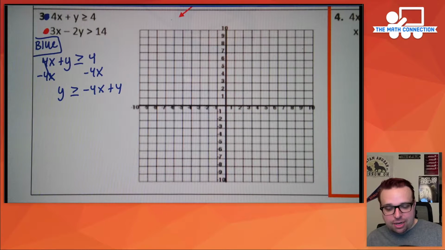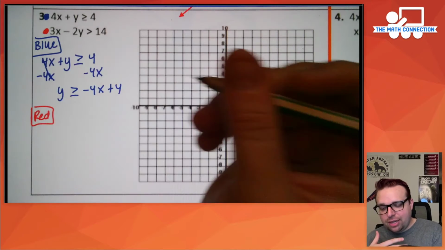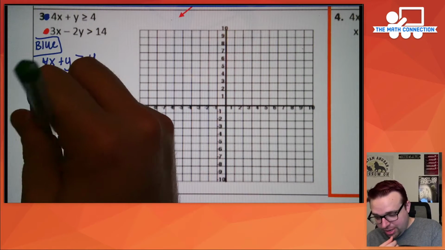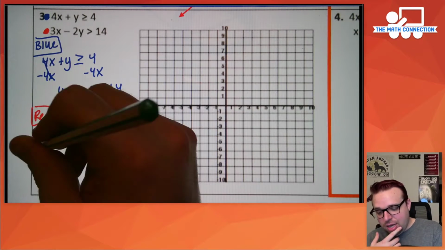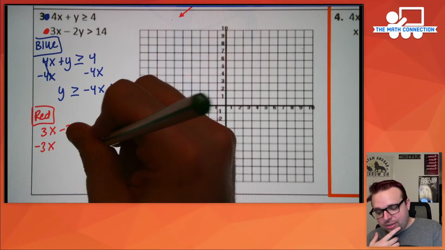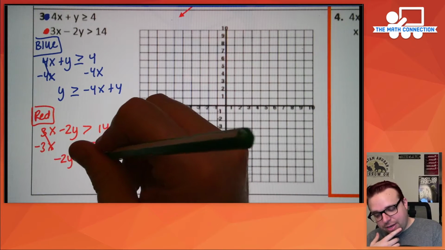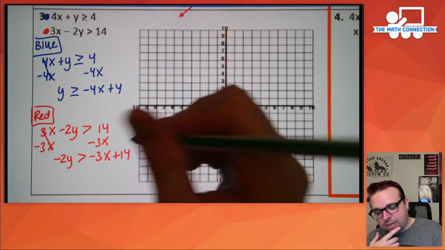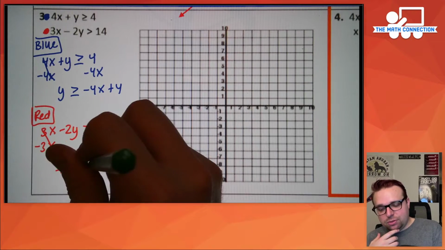While I'm here, before I even graph it, let's just do the red one too. That way I can just do everything at once. 3x minus 2y greater than 14. Minus 3x, minus 3x: negative 2y greater than negative 3x plus 14. Okay, I need to divide by negative 2.